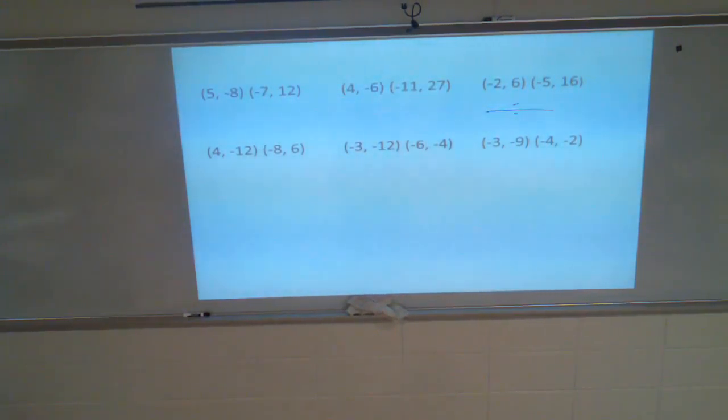Second numbers are on top. Your y values are on top.